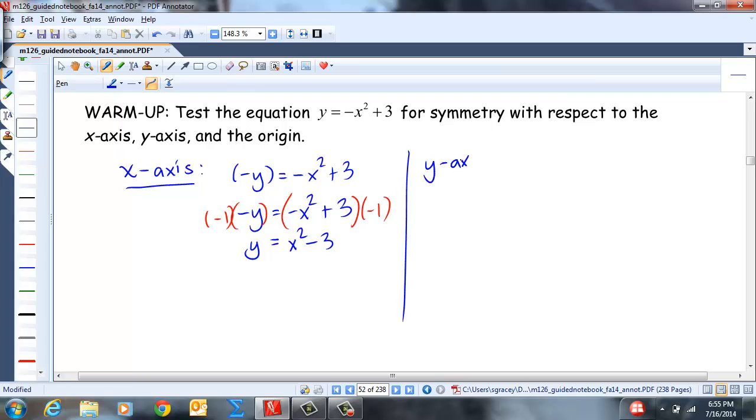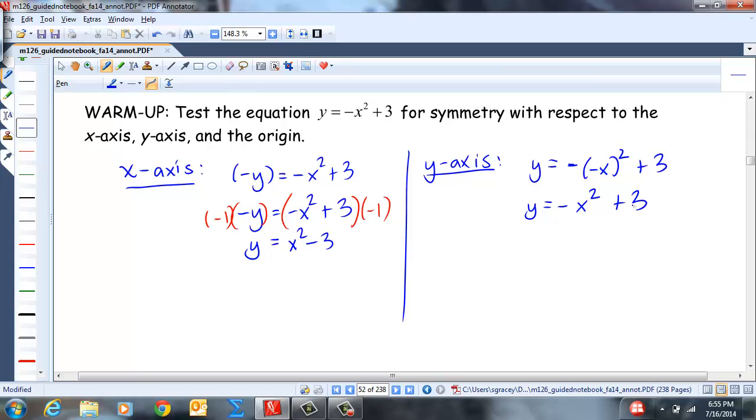So checking the y-axis. So for the y-axis, what do we do again? Great, we replace x with negative x and see if we get the same equation. So y equals negative x squared plus 3. When you square that negative x, you get positive x squared.